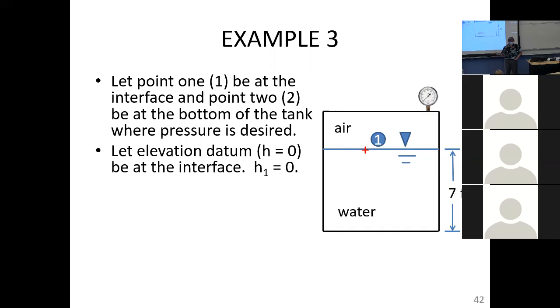It's just an interface. Got it? So that P equals gamma H stuff I just told you, you can't use because that's only good for a free surface. So that's going to be point 1. And if we want to know the pressure at the bottom of the tank, we're going to locate point 2 down there. And again, if you called point 2 at the interface and point 1 at the bottom, that will not change the answer.